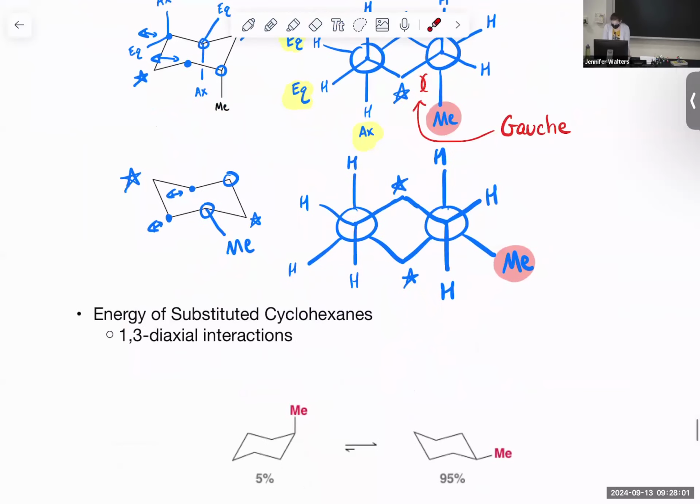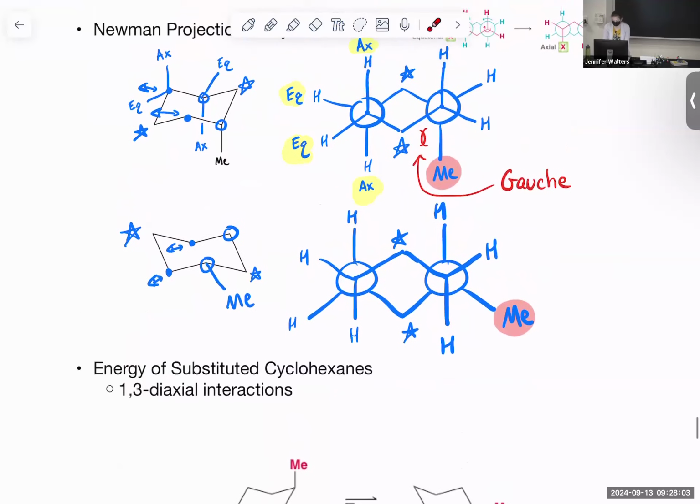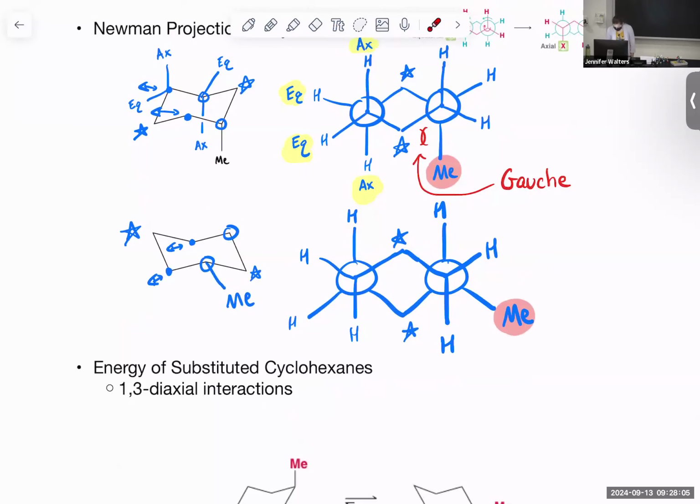When you are axial, there is an additional steric consideration, which is called a 1,3 diaxial interaction, which is the fact that your axial substituents are going to bump into each other as well. So I get this interaction between the two axial substituents.